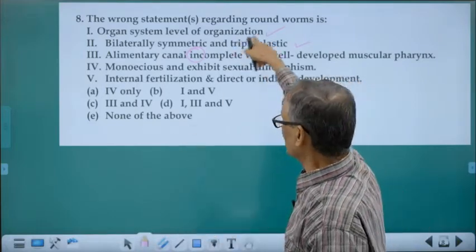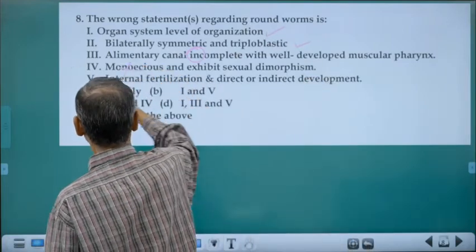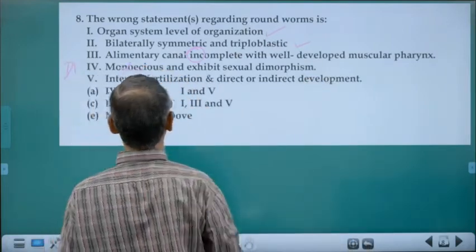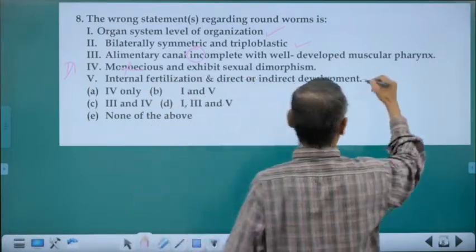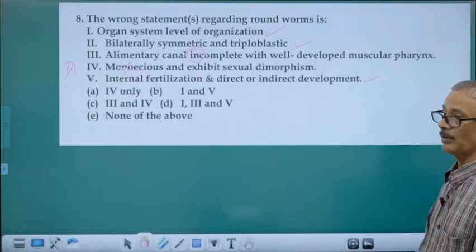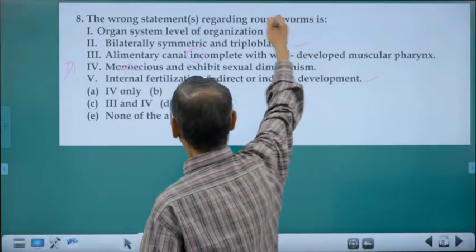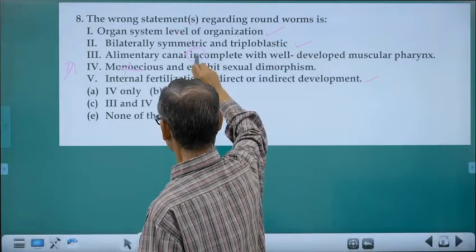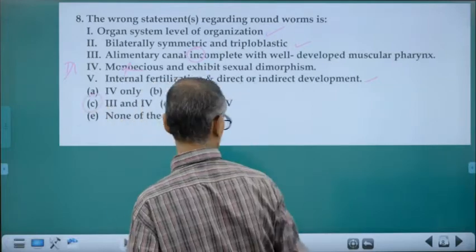So it is not monoecious, it is dioecious. Okay. Internal fertilization, correct. And direct or indirect development, because most of them are parasites. The life cycle is complicated. So here the wrong statements are 3 and 4. So it is cat.